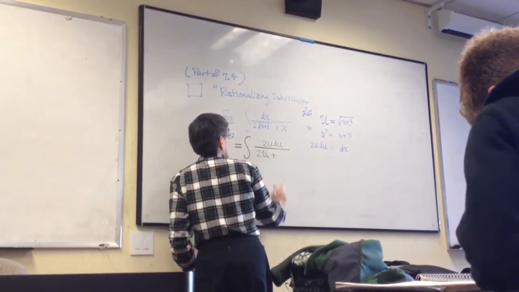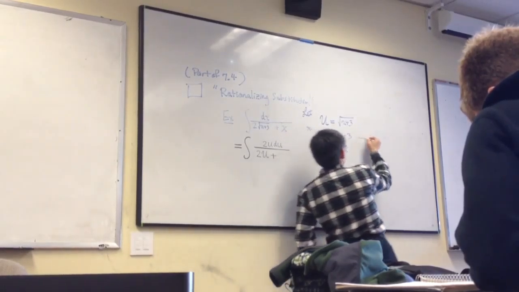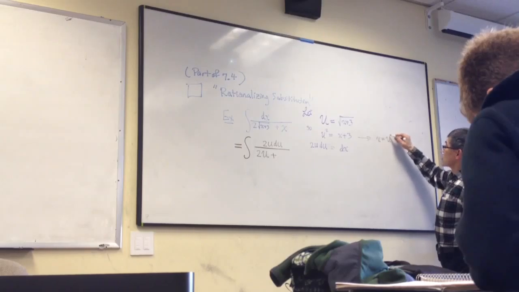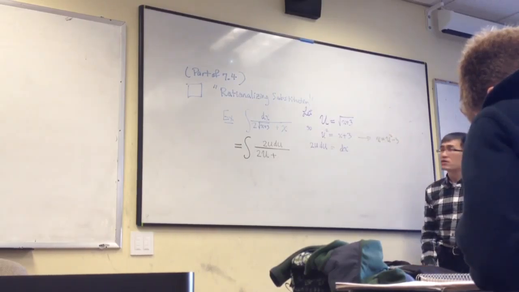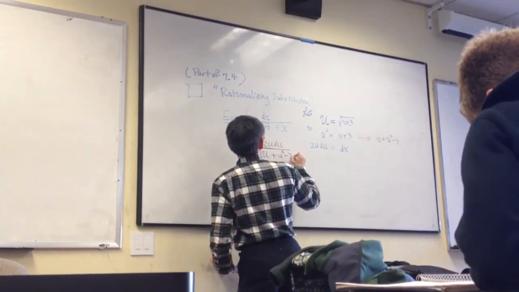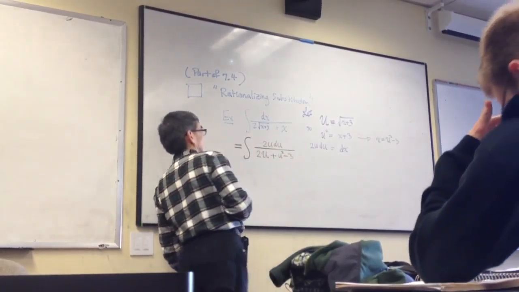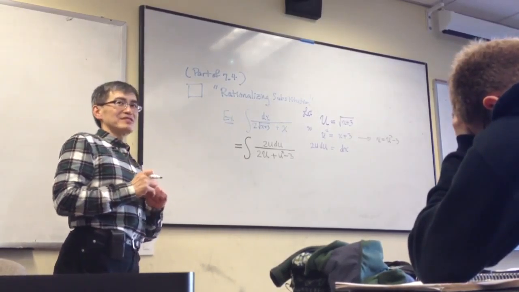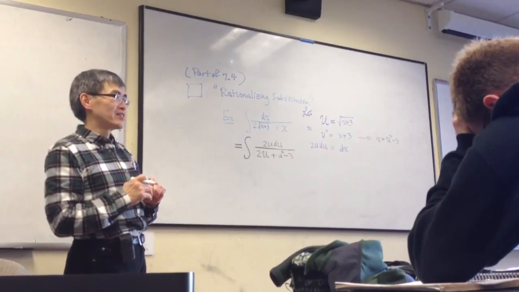This one is 2 times square root, but that square root is what we call u, right? And then plus, what is x? x therefore is u squared minus 3, correct? Yes. Okay, so this is u squared minus 3. Should you be happy now? Isn't this more familiar territory? Right?